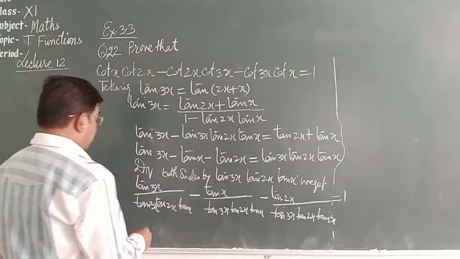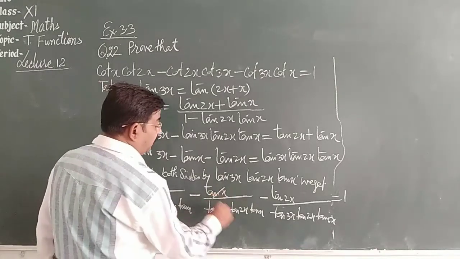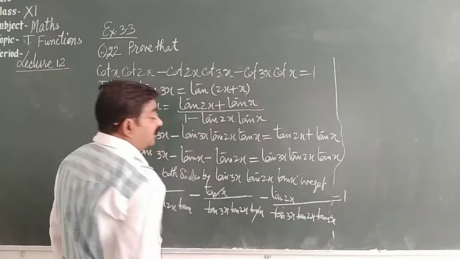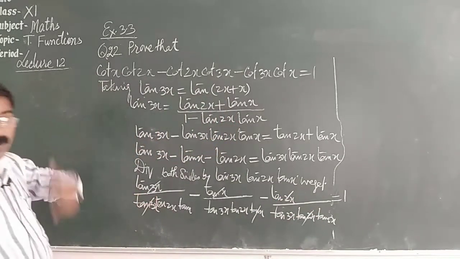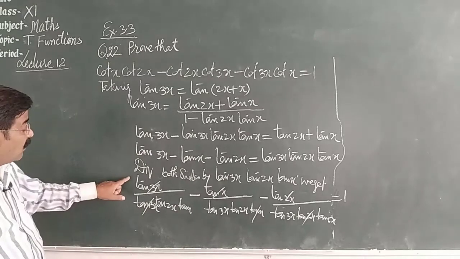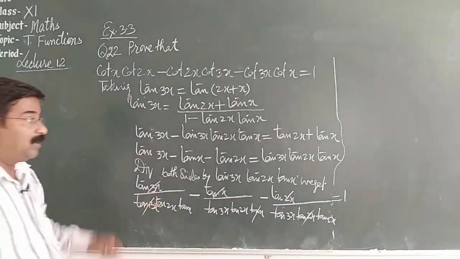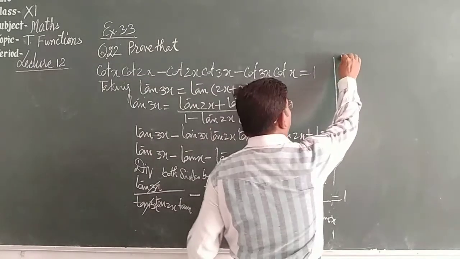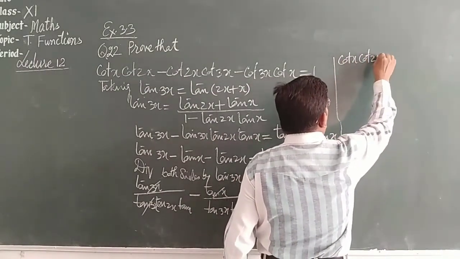Now here tan 3x and tan 3x cancelled. Here tan x and tan x cancelled. Here tan 2x and tan 2x cancelled. Now convert to the reciprocal. What do we have? 1 upon tan 2x tan x. So tan goes to the numerator and becomes cot x, cot 2x.